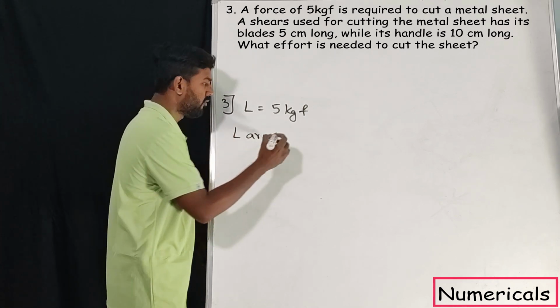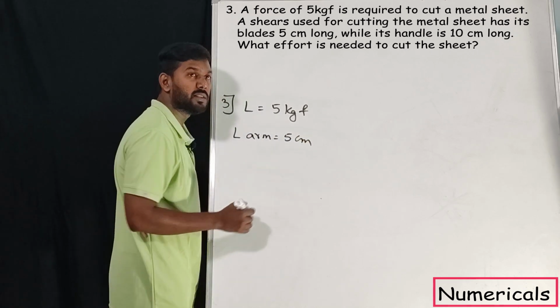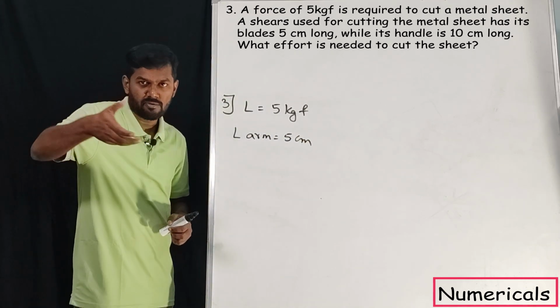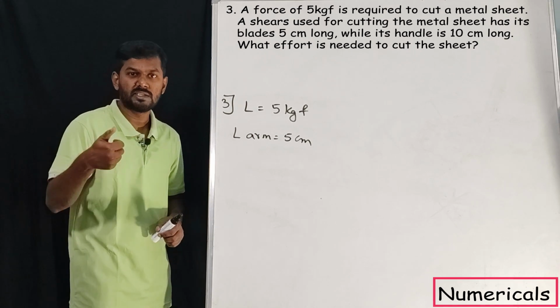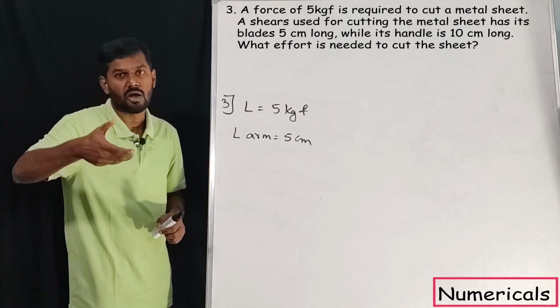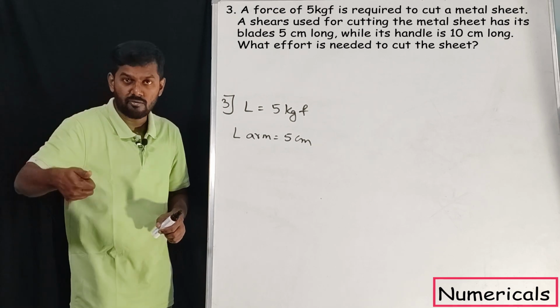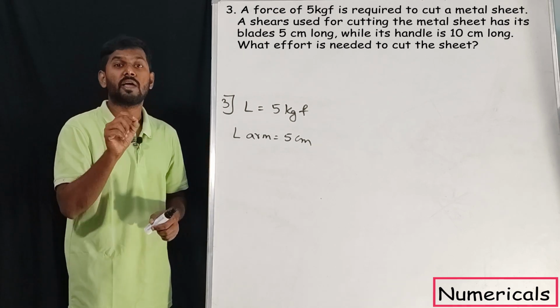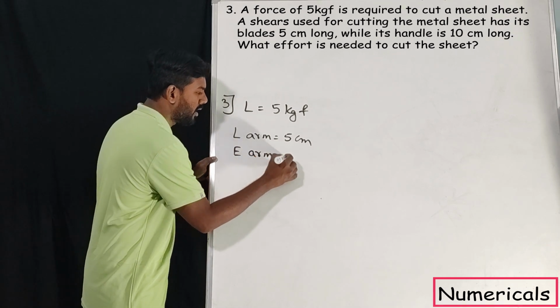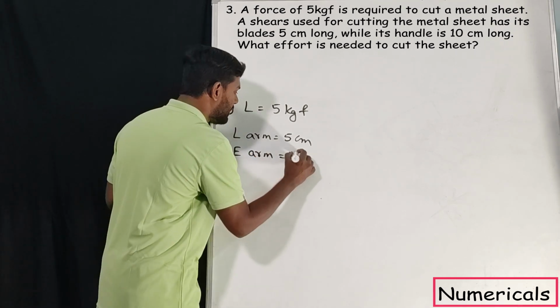That is 5 centimeter. Then handles, where you hold it, where we are applying the force, that is nothing but effort arm. From the effort, where we are applying the effort on the handles, to the fulcrum is called effort arm. That is also given. Okay, that is 10 centimeter.